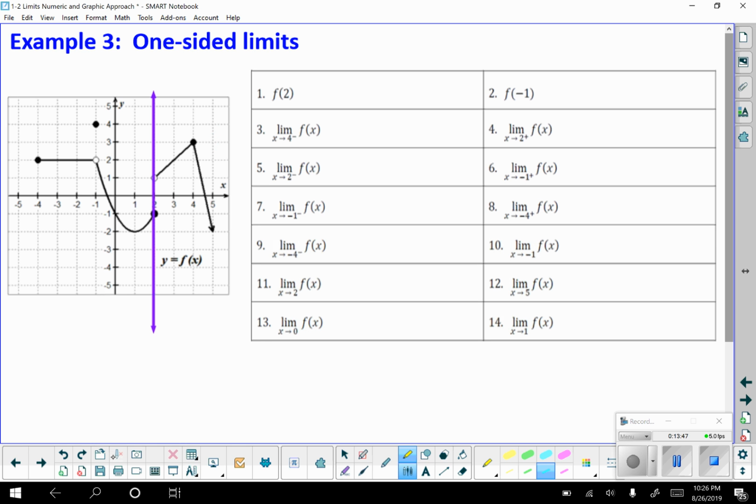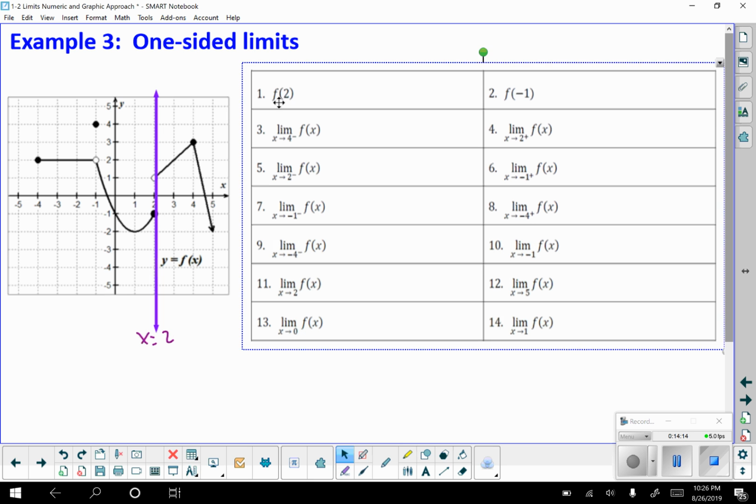Okay, welcome back. F of 2. Hopefully you figured out that f of 2 is where I'm looking at x equals 2, right? When x is 2, I've got this purple vertical line I can move. So I'm just setting it on x being 2, and I want to know where the function is defined at 2.